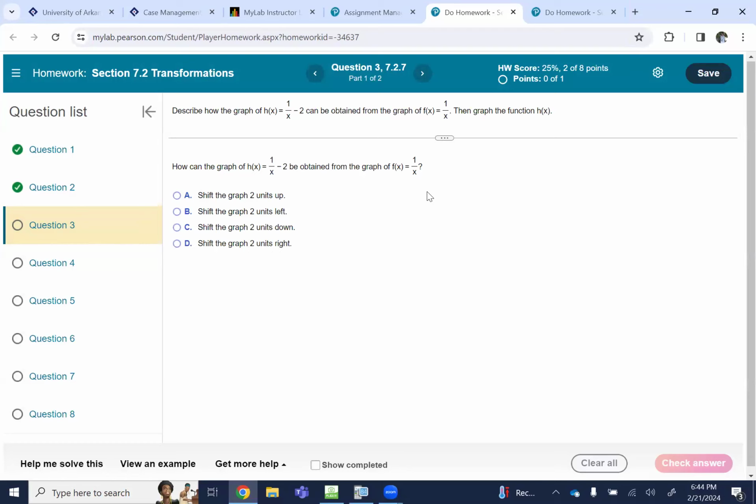Since that x ain't in parentheses with that number, this is like the f of x minus b that we had. Okay. So it's going to go down. So y'all remember, if them x's are not in parentheses and that number's at the end, you're either up or down. So minus goes down.